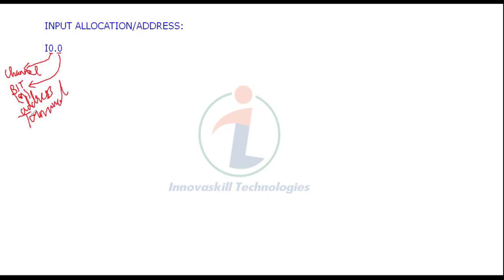So like this it will be divided: the first 0 represents the channel and the second 0 is the terminal or the bit. The first address is I 0.0, the second address will be I 0.1, next I 0.2, and like this it will go maximum till I 0.7.